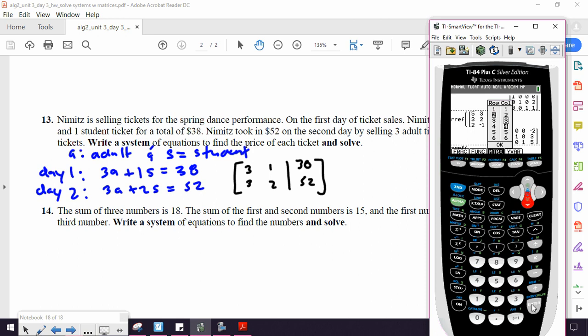Again, you can use any one of the methods we've talked about so far to solve this. So not having a graphing calculator for problem 13 or 14 is not an excuse. All right, so 3, then 1, then 38. 3, 2, 52. Got it entered properly. Hit enter.